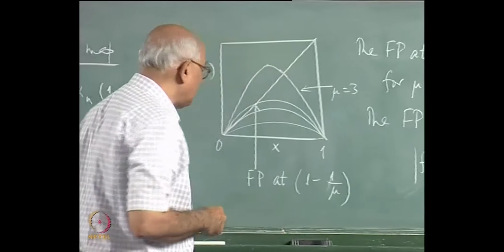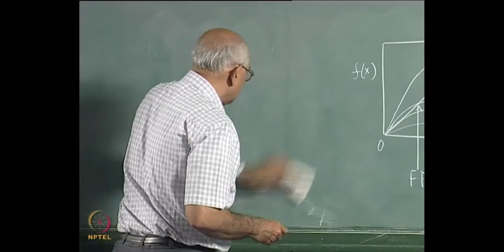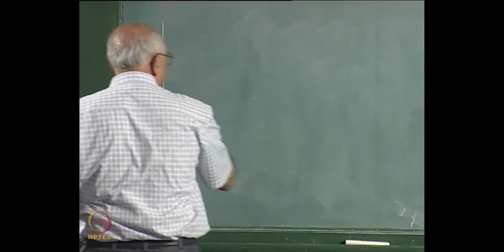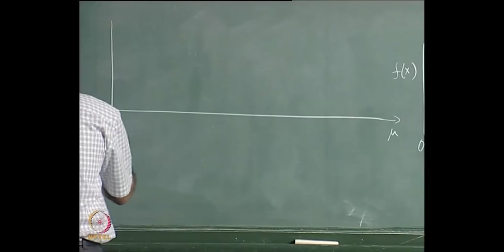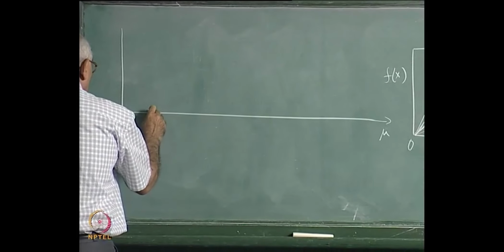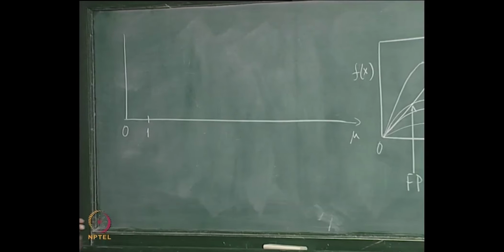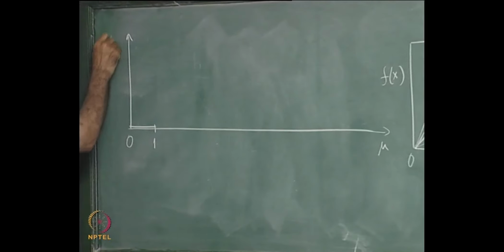And now let us draw the bifurcation diagram and see what happens. So I need a long graph here in mu, eventually I will run out of space, but here is 0 till 1, which is not very interesting. The fixed point is at 0, and it has got a Lyapunov exponent which is negative. So you have this as a function of x equilibrium.